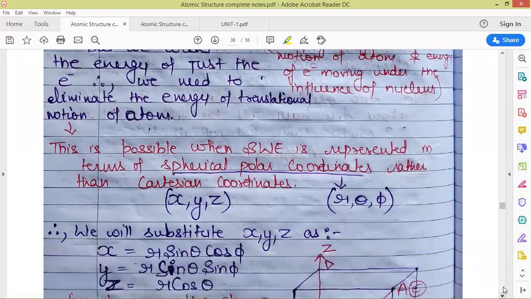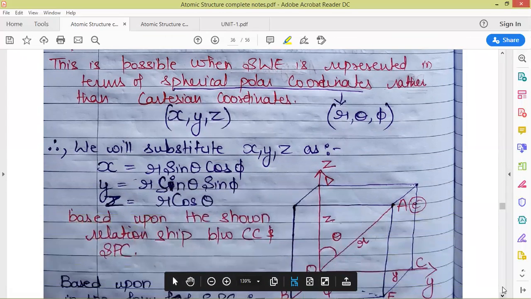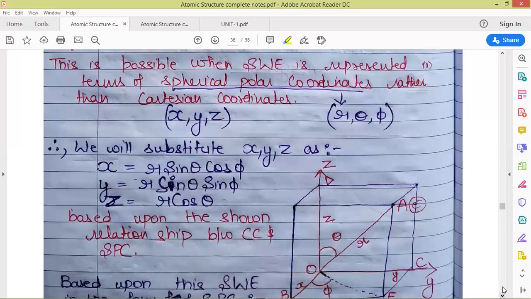For the separation of that part, we need to convert the Cartesian coordinates x, y, z, which we have taken so far for the solution of the Schrodinger wave equation, into spherical polar coordinates. That means converting the 3-dimensional space from Cartesian to spherical polar coordinates.